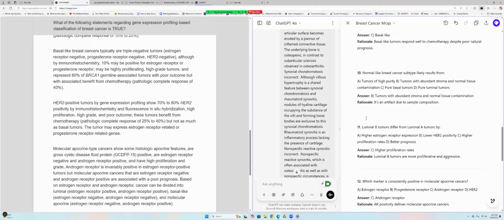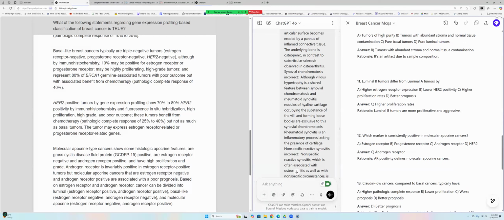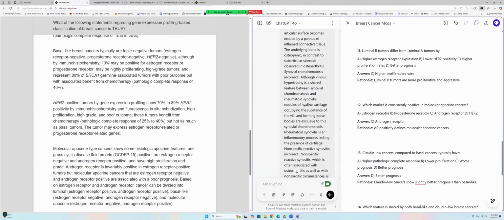Somebody took a section and cut a little part of the breast cancer and a lot of the normal tissue. So it's an artifact due to how they took the sample: a lot of normal stroma, normal tissue, but little sprinkled cancer. So normal-like breast cancer, maybe on biopsy or something, I don't know.